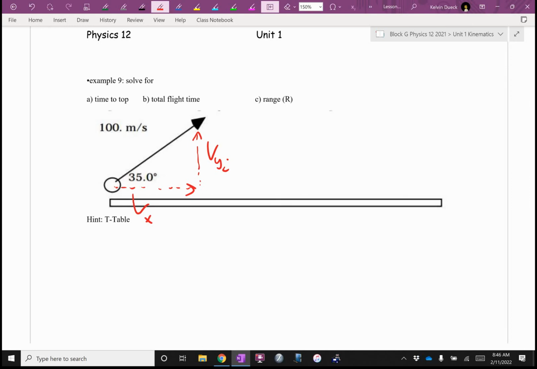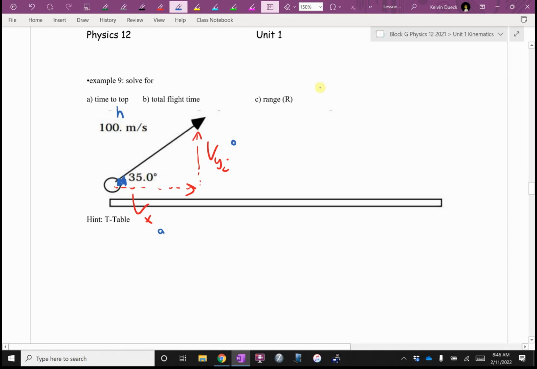Even just to reinforce myself, Garrett, with that, I'll do that. Over here, I've got some room. I'm going to have to do some trig. Let's see, 100. Hypotenuse. Vy, opposite or adjacent? Opposite. What about Vx? Okay. Let's find Vx first.